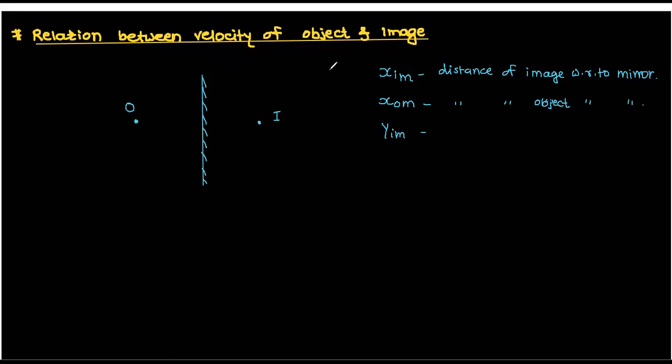So X axis, here I write X axis. Okay, this is also X axis. YIM is what? Along Y axis, so distance of image with respect to mirror, right?